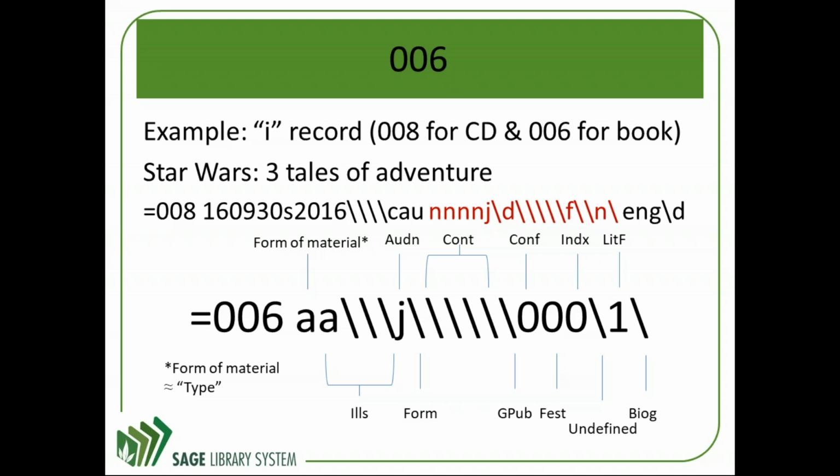That's then followed by the audience, and like in the 008, we can actually pull that. We see that it's J for the target audience in the 008, so we can just replicate that and put a J for the audience in the 006. The form is also going to be blank.